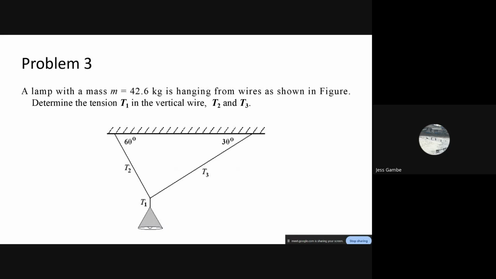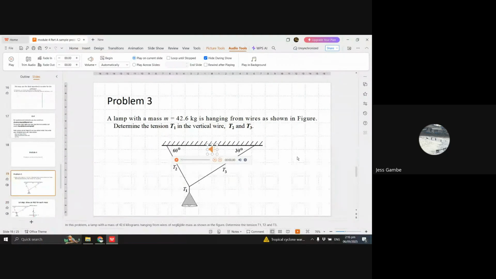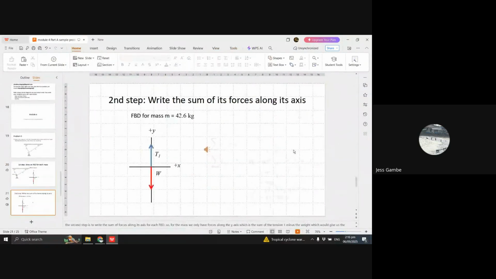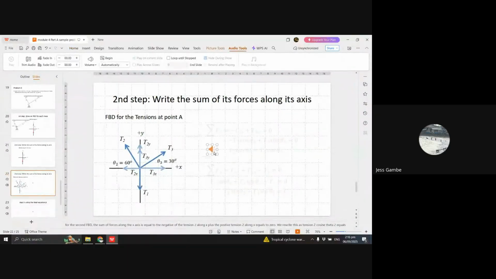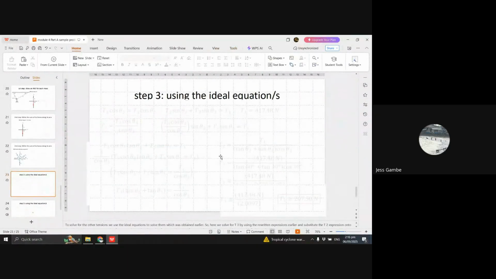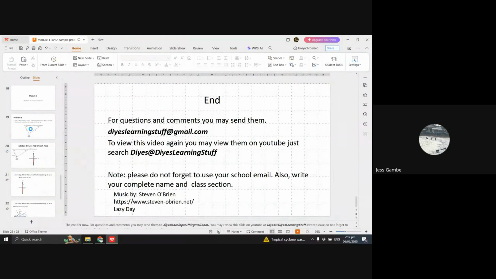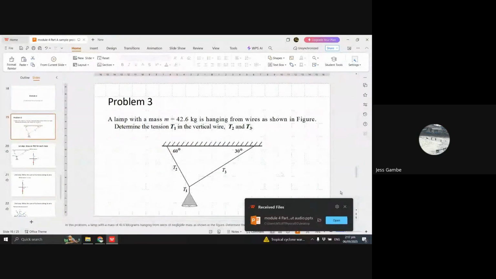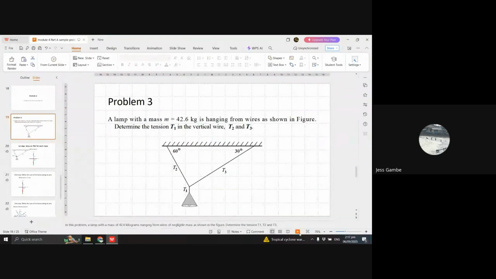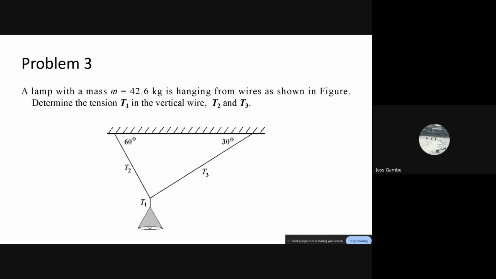In this problem, a lamp. This is a static problem with three strings at 60 degrees and 30 degrees, connected at a point.